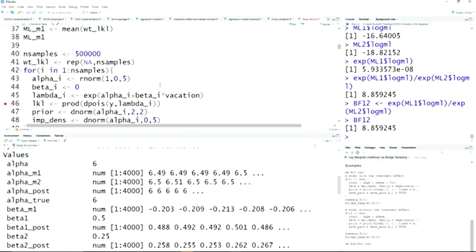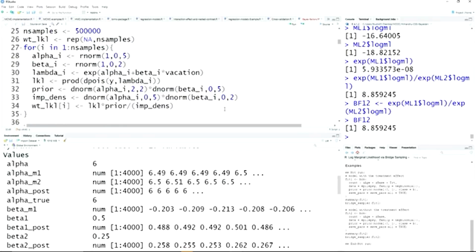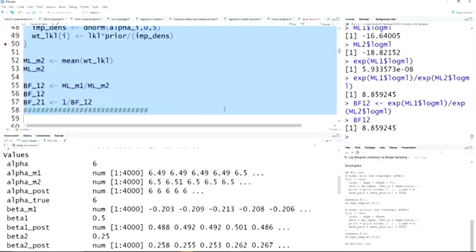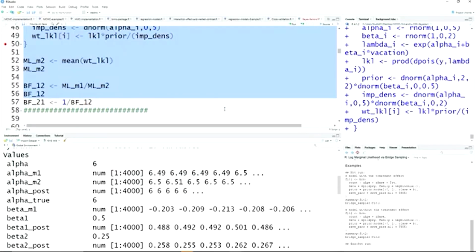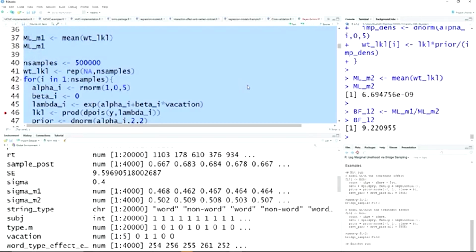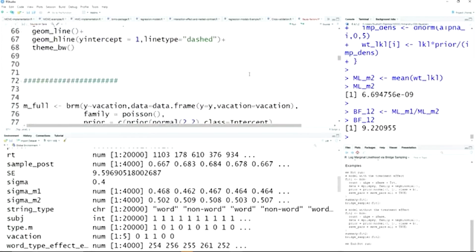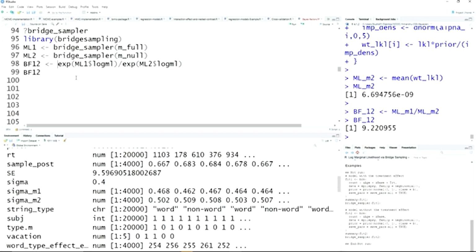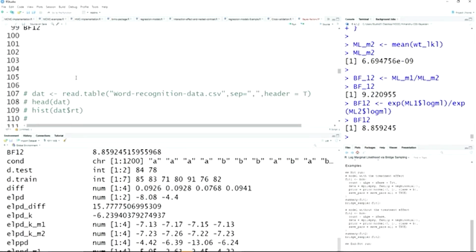So for the prior, beta normal 0, 0.5, basically the same model, around 9, 9.22. If you run it again, you might get slightly less than 9. Okay? So that doesn't matter. And the same number we were getting using bridge sampling, 8.85, around 9.